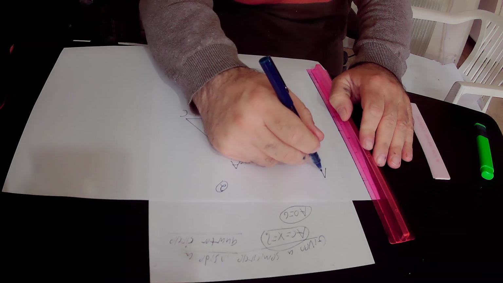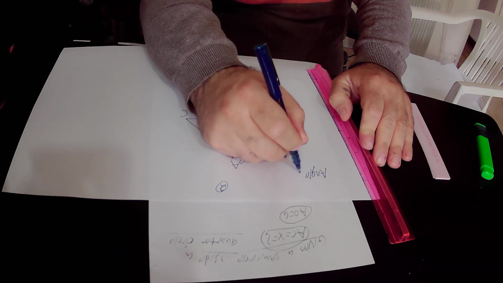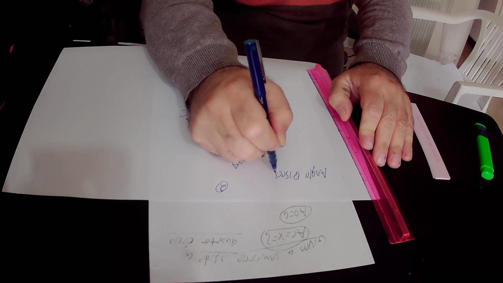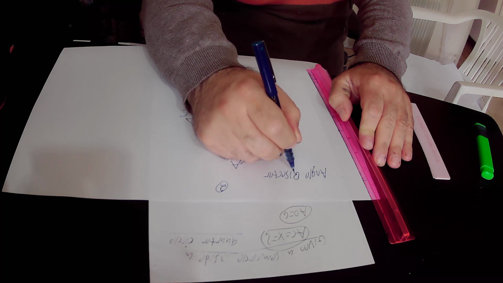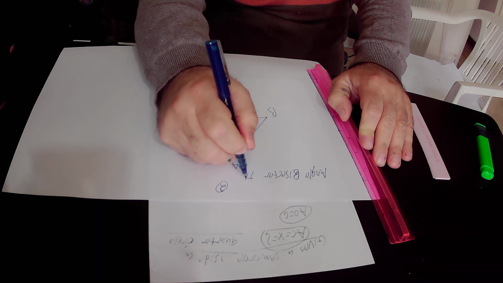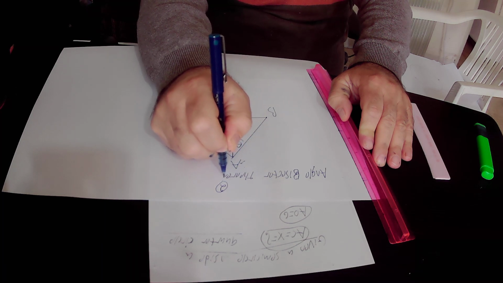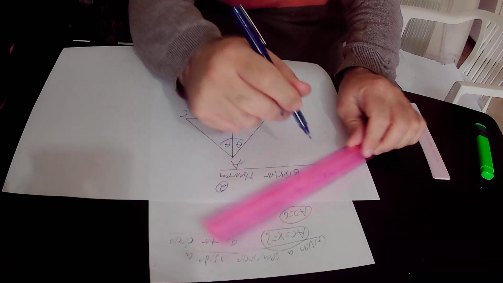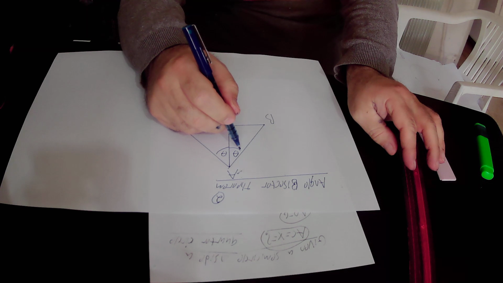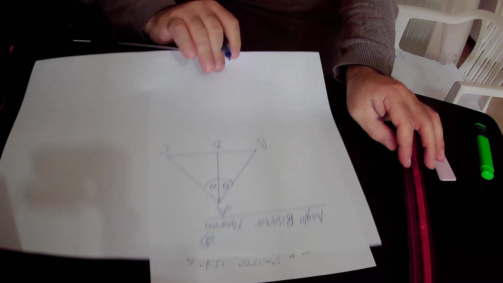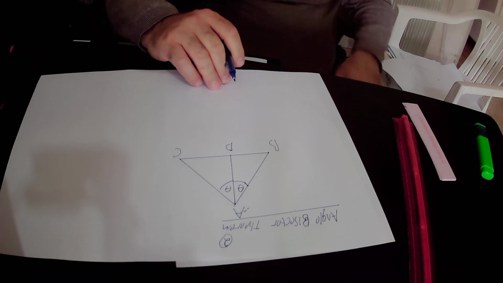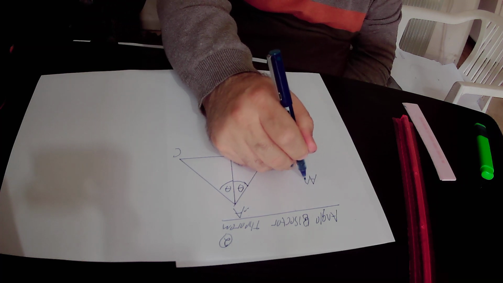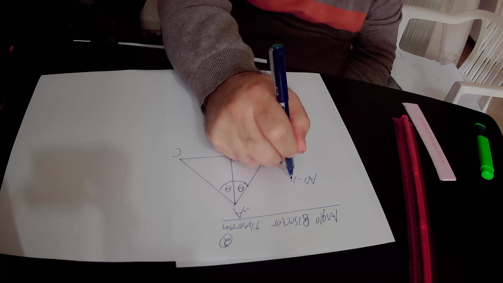So this is the angle bisector theorem. In the triangle ABC, AD is the angle bisector.